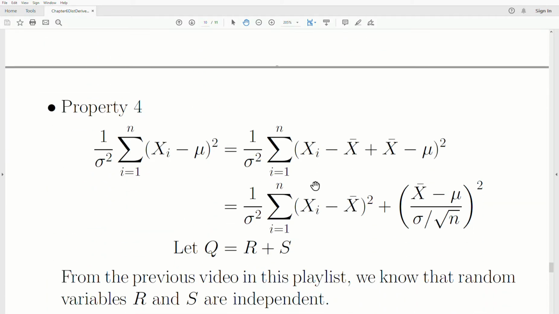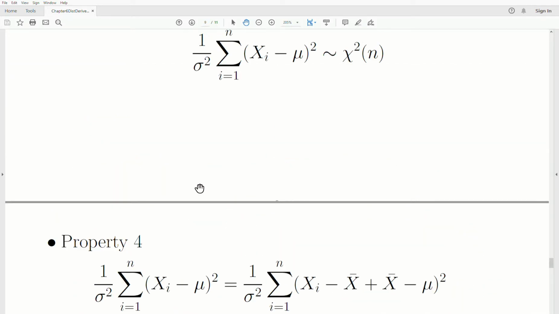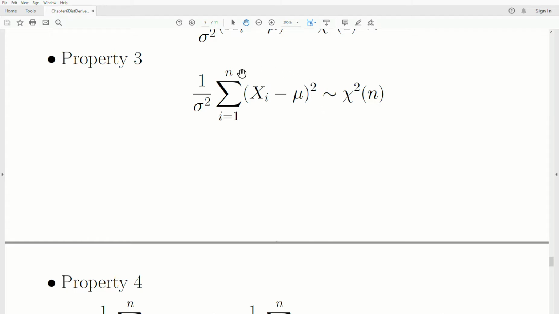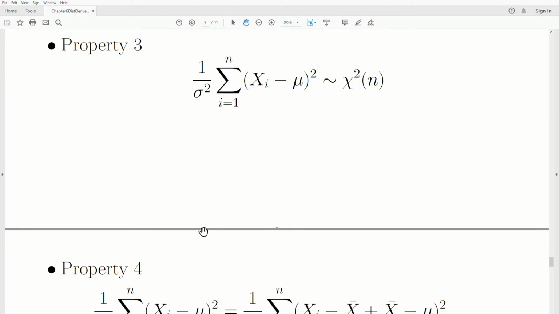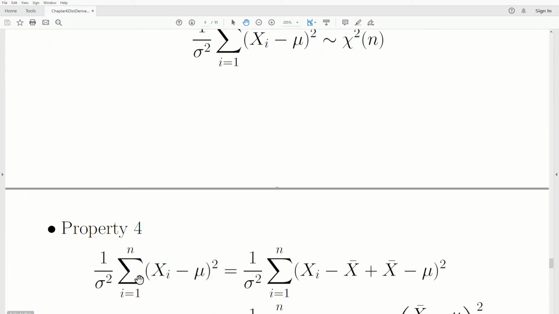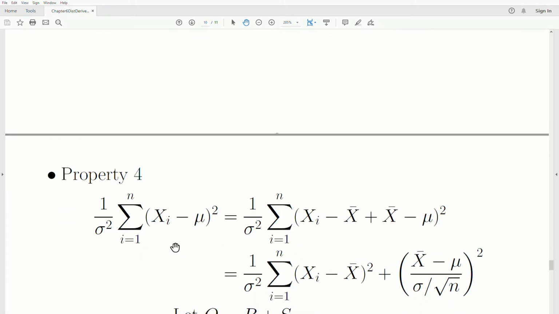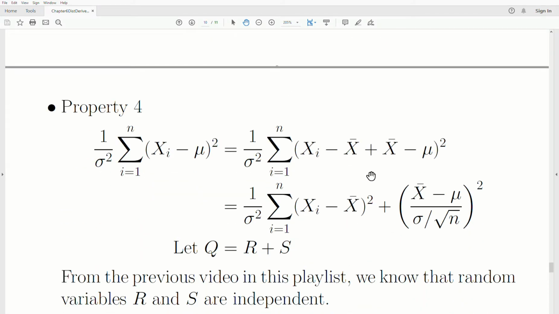Now, property 4: if we look at the sum of the (Xi minus mu) squared divided by sigma squared, as a reminder, that's a chi-squared with n degrees of freedom. We know that. Now let's do a math trick where we add 0. We add and subtract the same quantity.